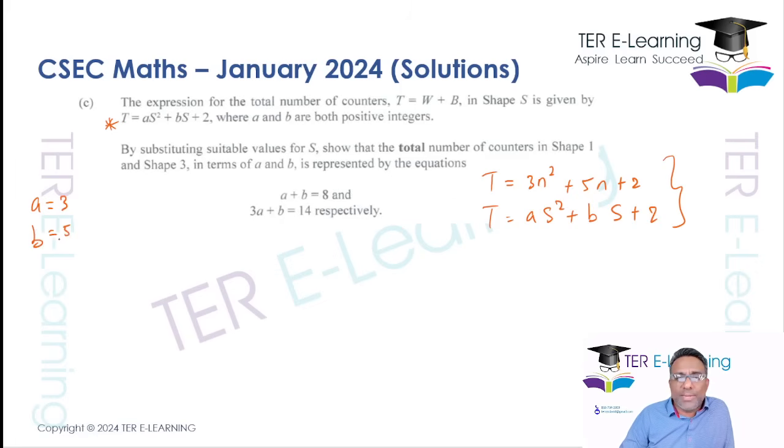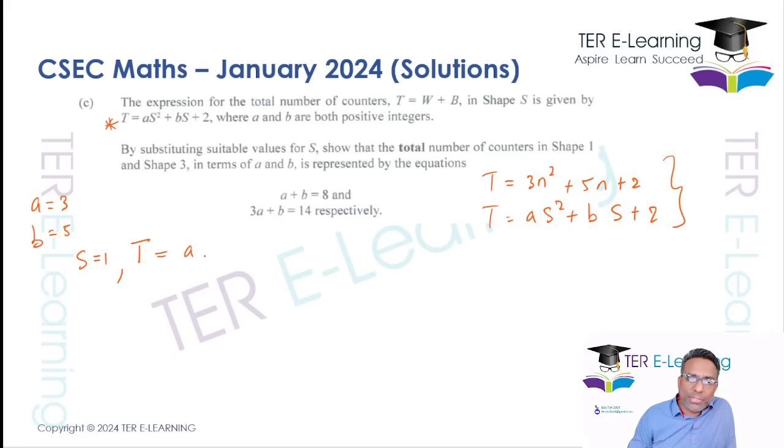Now they said by substituting suitable values of S, show that the total number of counters in the shape. Okay, so for shape 1, here's what I will do. We know that if we use A and B, for shape 1, S is equal to 1, right?